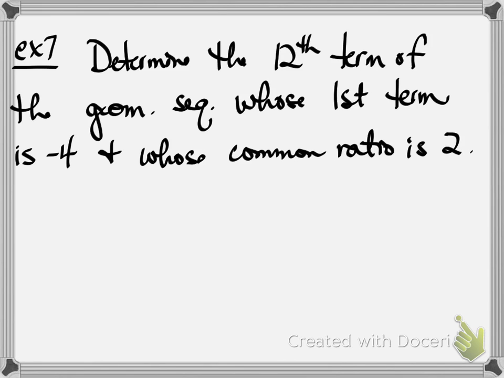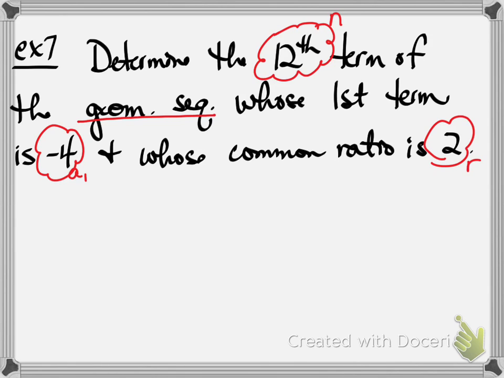So just like we've been practicing, let's go through and figure out what these numbers are. If we want to determine the 12th term, n would be 12. So that's our n. Oops, sorry about that. And it's a geometric sequence. If the first term is -4, that's our a sub 1. And if the common ratio is 2, that's our r.